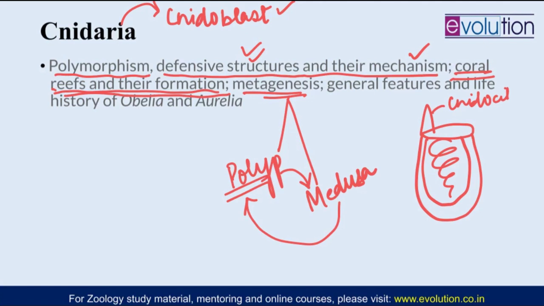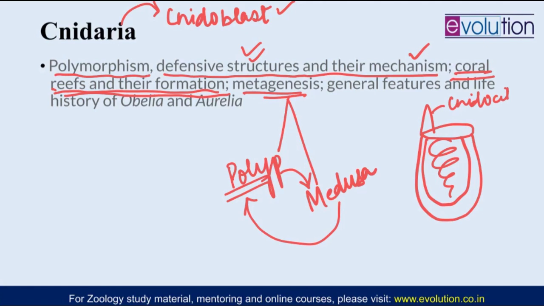Also you have to describe which cnidarians form coral reefs. Under Cnidaria, again, the classification is very simple. There are only three classes: Hydrozoa, Scyphozoa, and Anthozoa. Scyphozoa are jellyfishes, so they do not form coral reefs at all. Some of the hydrozoans and a lot of anthozoans are responsible for the formation of coral reefs.